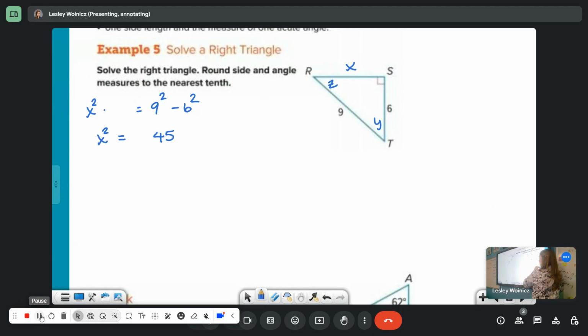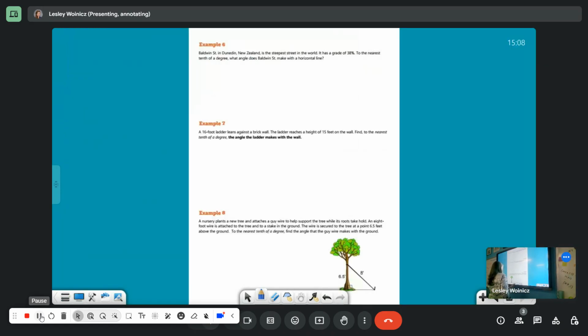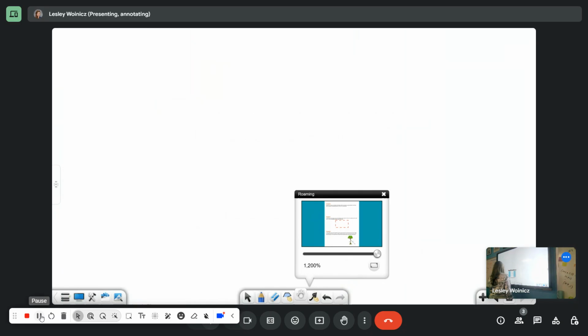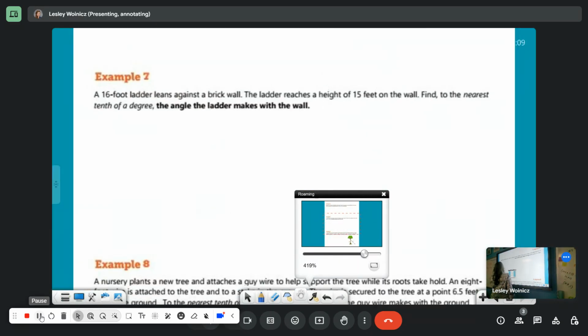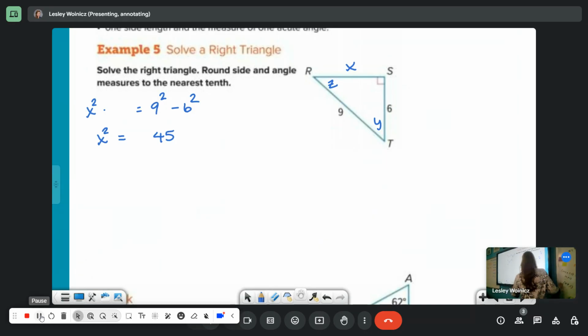What? Yeah, I haven't taken the square root yet. But yes. Sorry, my board's acting up. Okay, so I'm taking the square root. Okay, if this is going to be a length, do I need the negative answer?